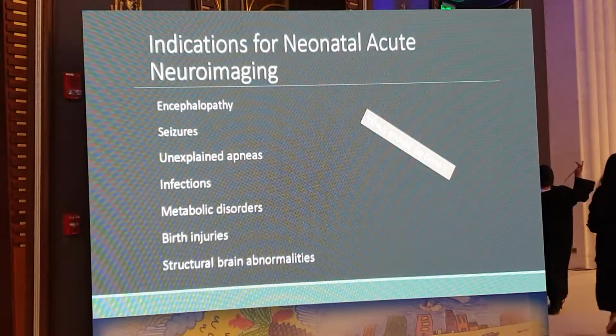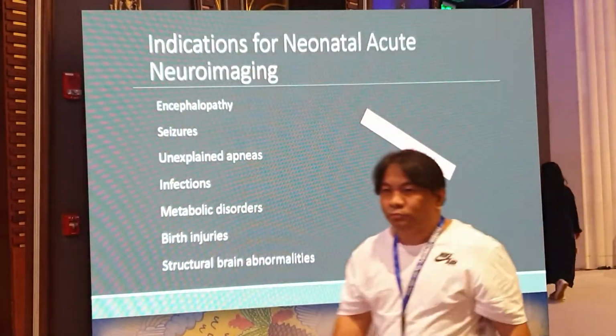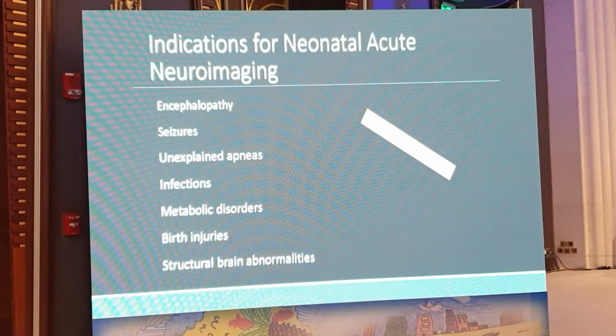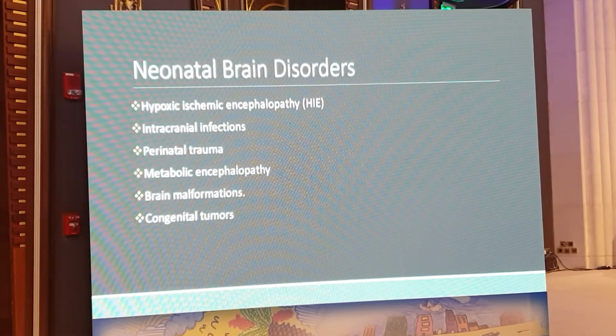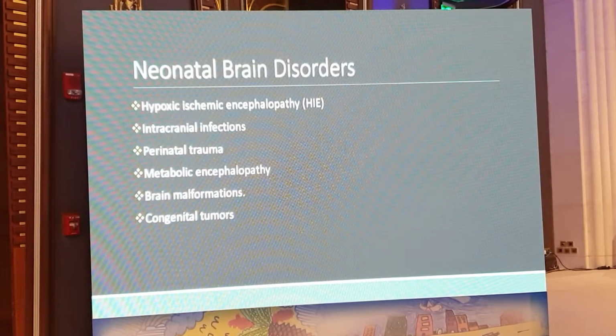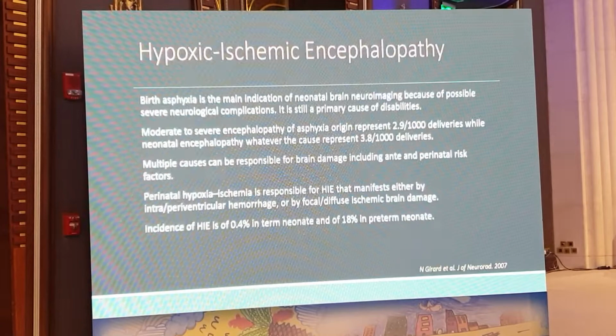In case of birth injury, if we want to check further the brain insult, and in case of structural brain abnormalities. So we'll talk about hypoxic ischemic encephalopathy in brief, term and preterm, and the mimickers of encephalopathy or other differentials of hypoxic ischemic encephalopathy.